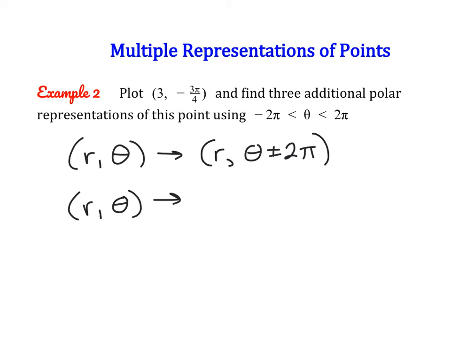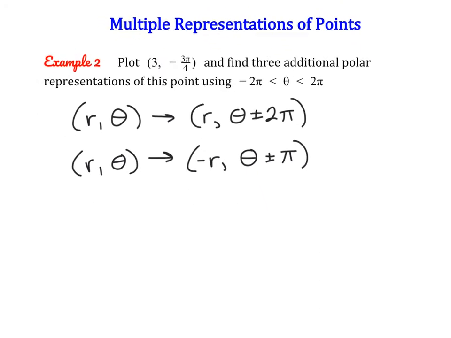Remember, as we talked about, a negative r value means you're simply moving in the opposite direction. So if I want to use negative r, that sends me exactly half of a circle away. That's exactly 180 degrees from our original point. So here we would have to add or subtract pi to bring us back to our original coordinate.